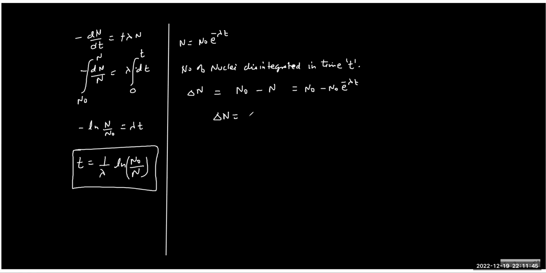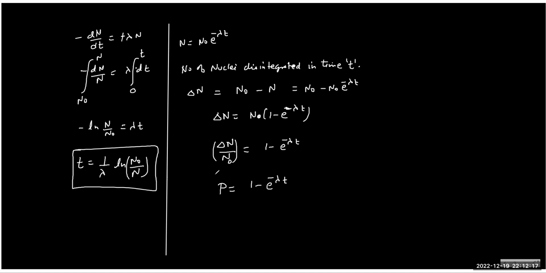So the delta n equals n naught minus n, and delta n by n naught is called the probability, because this is the total decay upon the actual number from the beginning.